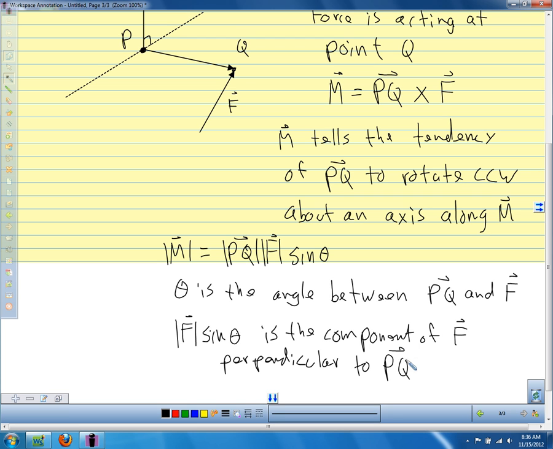So only the component of the force that is perpendicular to our position vector contributes to the torque. So let's draw a picture. I'll switch pages and draw another picture here. Questions before we move on?